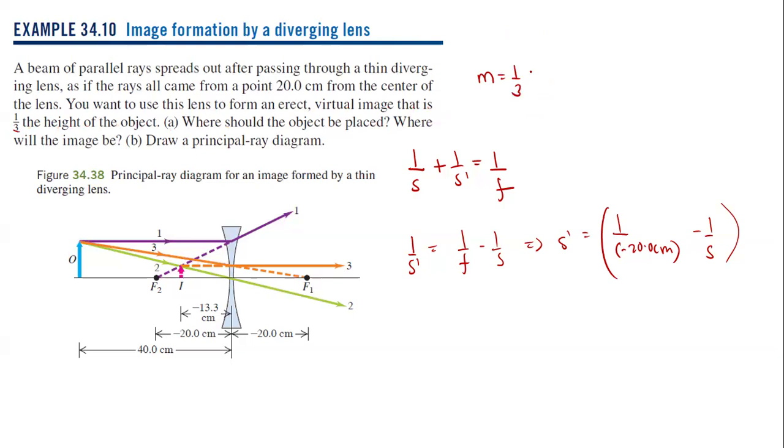1/3, this is from our equation, negative s prime over s. So we can note this one as s is equal to negative 3 s prime.